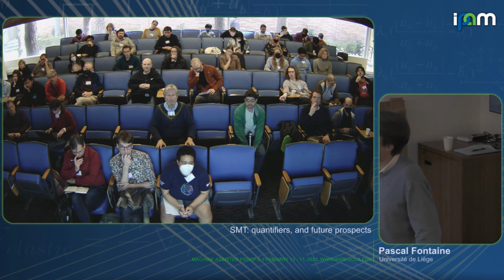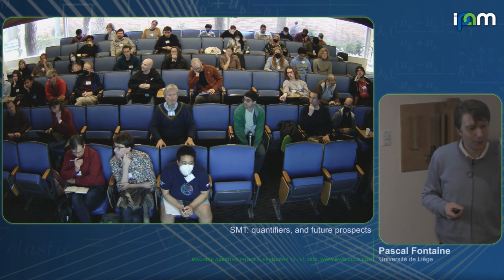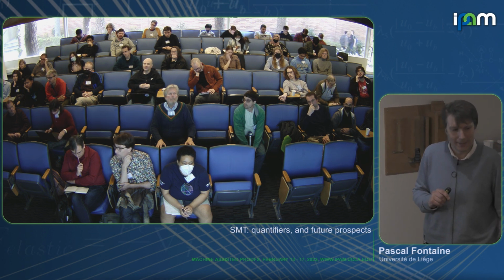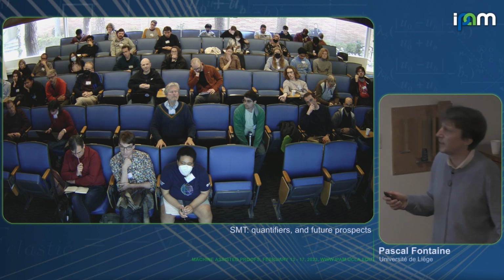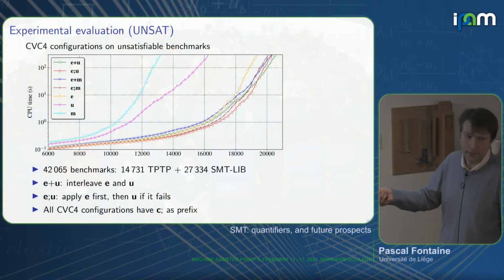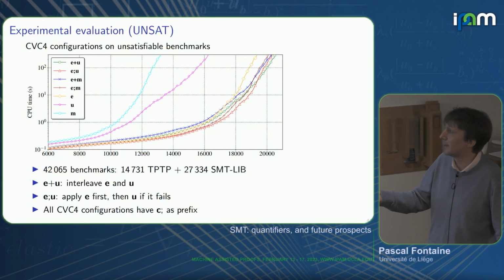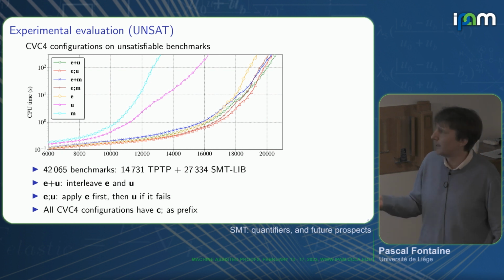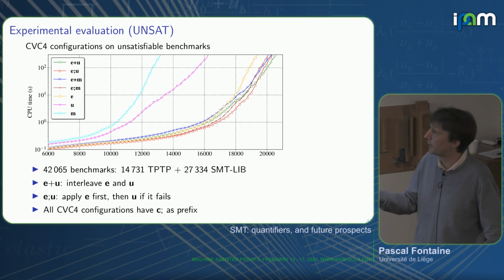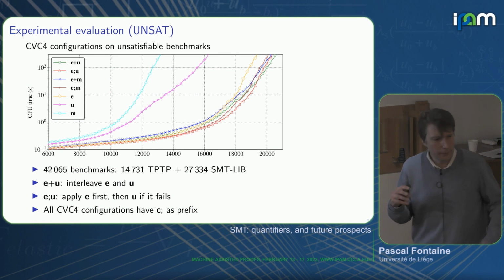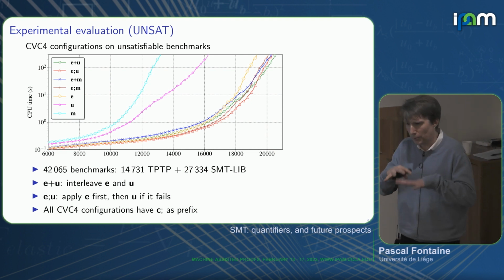Yes, the more problems you solve, the more difficult it gets to get a few more. You have the impression that this is good enough already, but what you want is the formulas that are in between. Even if this is just a bit better, then it's good. Also, if you mix the techniques together, if you have several solvers that do different things, you might get some more out of it.